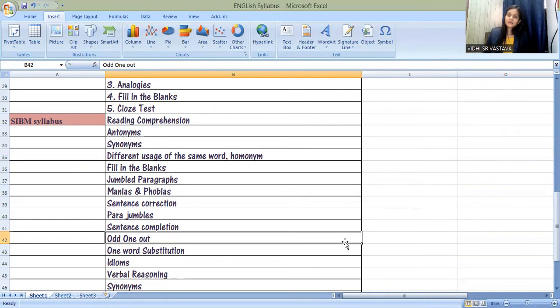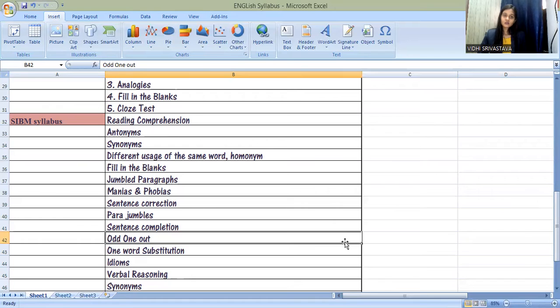Sometimes the length of RC might not be so much in CAT, but the complexity of RC in CAT is quite high. The length of RC can increase in IIFT, but the complexity of RC in IIFT is not as much as CAT. The length of RC is not that much in XAT, but it can be a lot in IIFT.